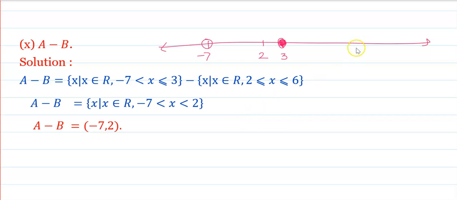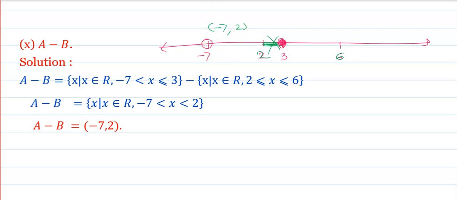Okay, 2 to, I will write here 6. This is the green part, 2 to 6. Now what is the common for these two? The common is only this. Okay, and it will be cancelled. Then what you will get? Minus 7 to 2. But what type of these two, 2 is open. Okay, and therefore here you will get minus 7 to 2.